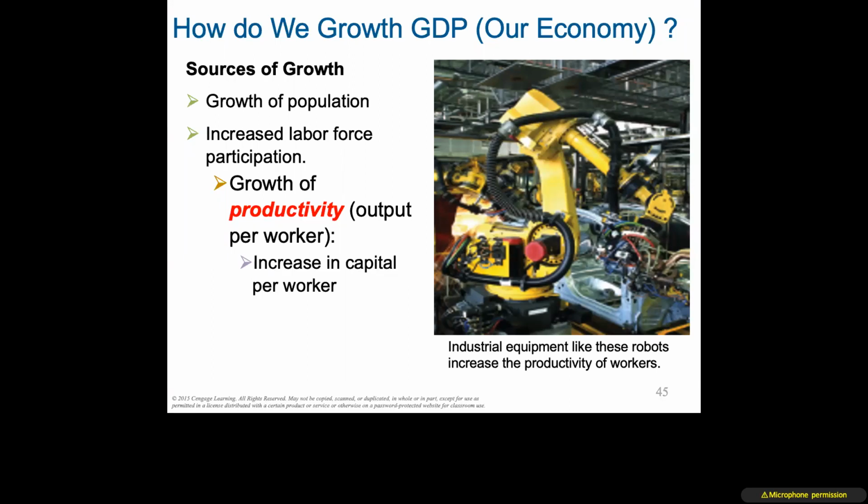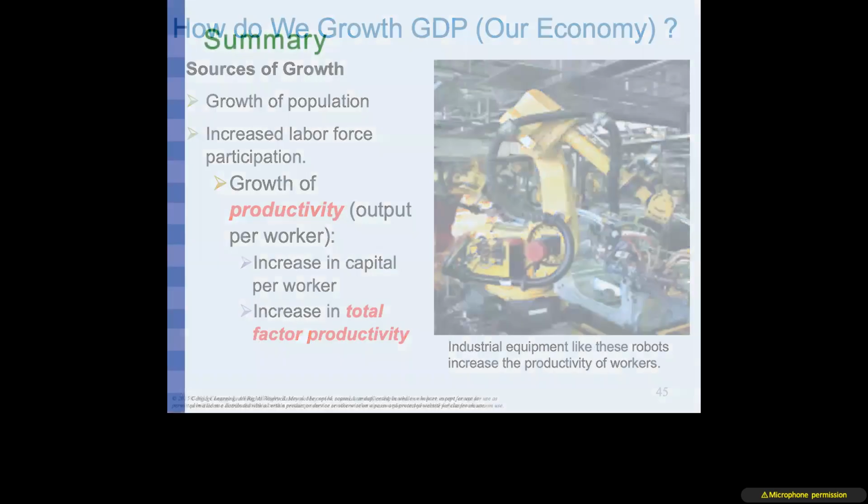GDP. More units, more things to sell. More things to sell, higher GDP. So an increase in capital per worker helps, capital being in this case elements that increase productivity. For instance, in this example, the robots. They will increase the overall productivity factor. Now remember, another one that works really well for productivity is education.